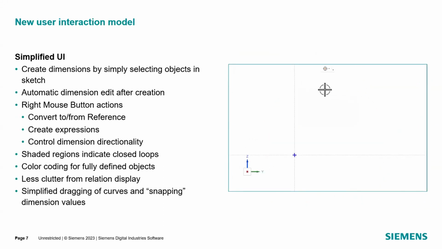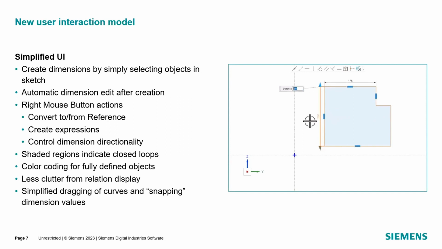Number two, as we talked about, is the interaction model. For those that have used NX or even back to Unigraphics, you're familiar with the sketching environment. But now, as you see, the geometry, same type of creation, but when you select and add dimensions, you just select the object. It puts that dimension on.